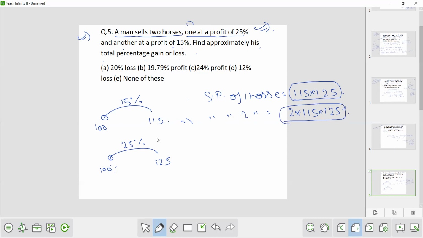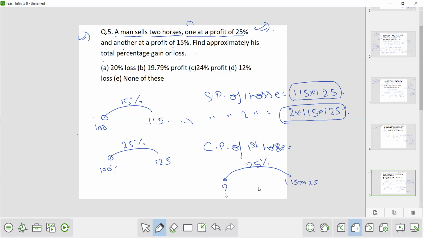Now SP is given. Now we have to find the CP of both the horse. So how to find the CP of both the horse? So CP of first horse is how much? Here first horse was sold at a gain of 25%, and SP is given 115 into 125.